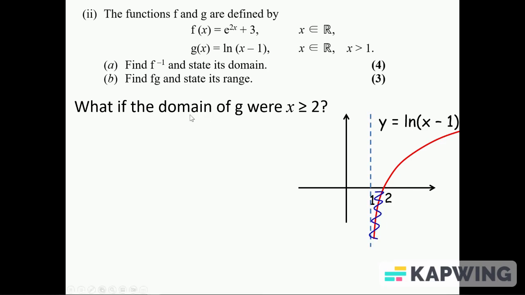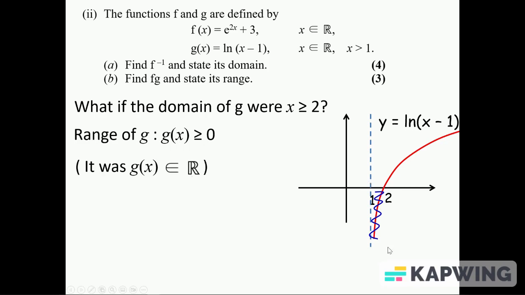And if I say that the domain of g is greater than or equal to 2, I lose all that part of the graph. So it starts there. And the range then of g is going to be greater than or equal to 0. It was the whole of the real numbers because we've got the whole of the ln graph. Now that's going to be the domain of f because the numbers that we get out of g go into f when we do the composite function.